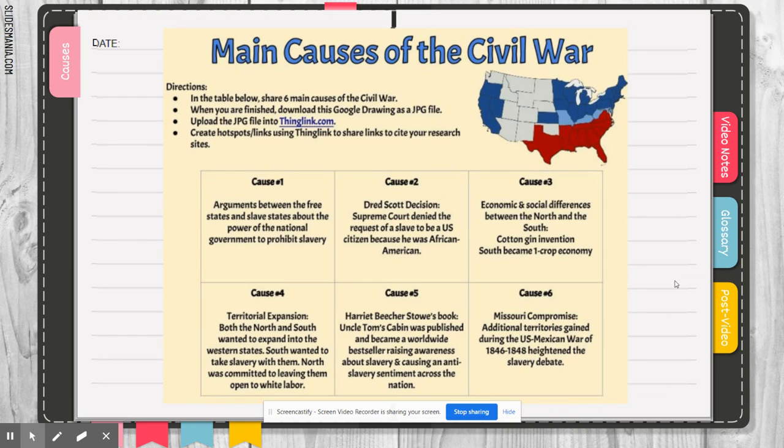And then we also looked at a couple of the newspapers that were being circulated, like the North Star. Now, number six, Missouri Compromise. We looked at how slavery would expand to the West, and the Missouri Compromise drew the line that created even more conflict.